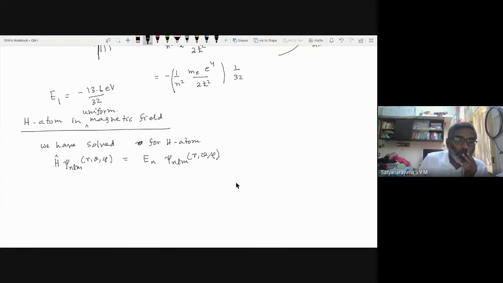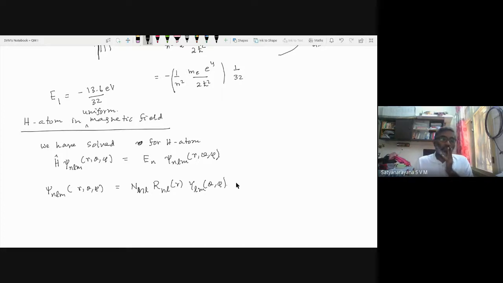Of course, we did not talk about psi_nlm completely. psi_nlm(r, theta, phi) will be equal to some normalization constant which probably depends on n and l, and then there is some radial function R_nl(r) times Y_lm(theta, phi). So this is our wave function.